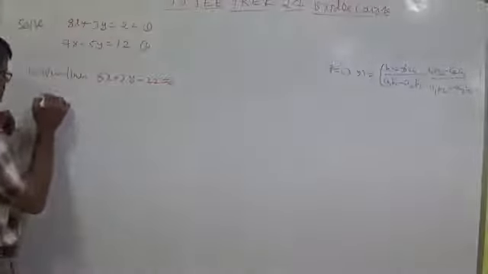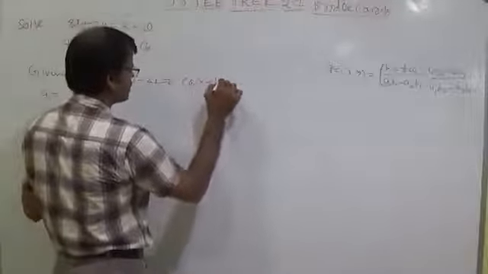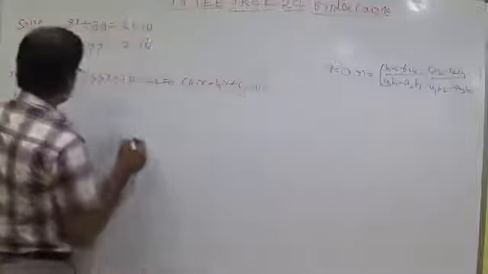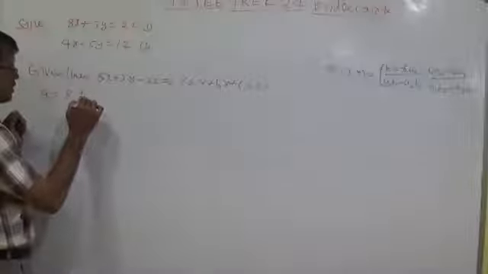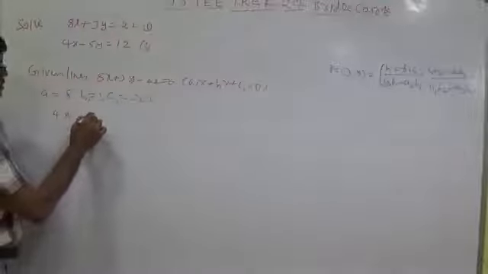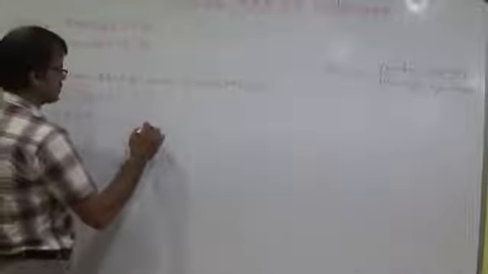Here you can write, because this is of the form a1x plus b1y plus c1 equal to 0, so a1 is equal to 8, the coefficient, b1 equal to 3, c1 equal to minus 22. Next you write 4x minus 5y minus 12 equal to 0.